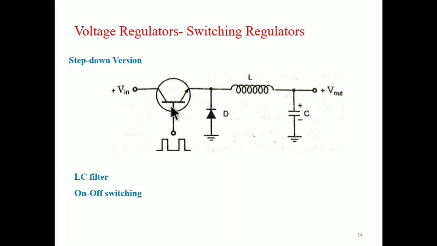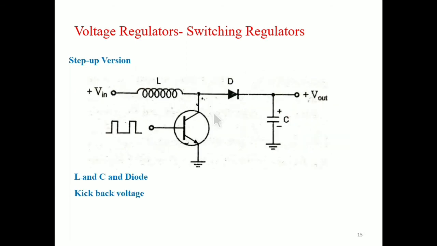This generates rectangular voltage pulses at the input to the LC filter. This filter blocks the AC component and allows the DC component to pass to the output. Because of the on-off switching, the average value is always less than the input voltage. That's why it is called the step down version.